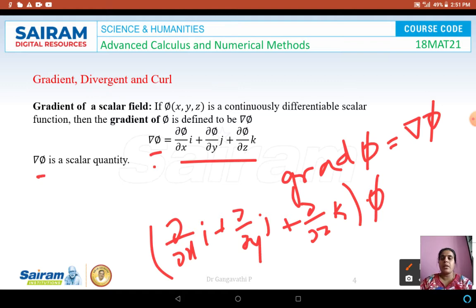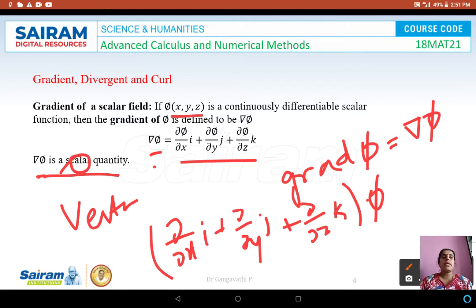This phi was a scalar quantity, but grad phi becomes a vector quantity. You can observe that after operating the gradient, the scalar function phi of x, y, z has been changed to a quantity with direction also. Therefore, it changes to a vector quantity.